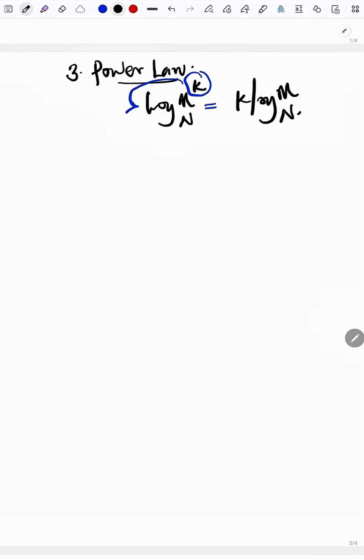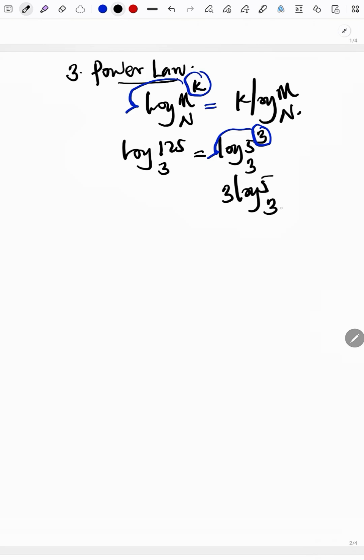So whenever this is raised to a power, it goes down here. So let's say we have log 125 base 3. This is equivalent to log 5 raised to power 3 base 3. What happens? Our power descends here to become 3 log 5 base 3.